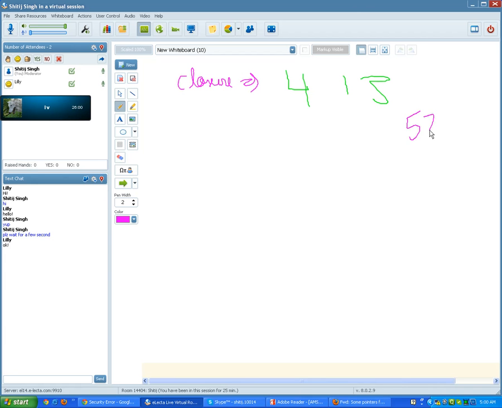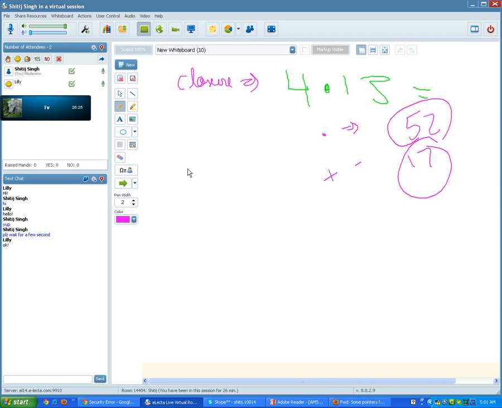Okay. And try to add them. Okay. What are these numbers? If you're taking integers and you're getting the result as an integer, then this property says that this is a closure property and the result is closed, means preserved.